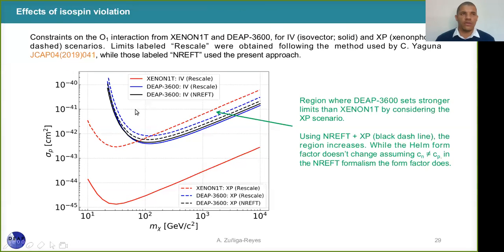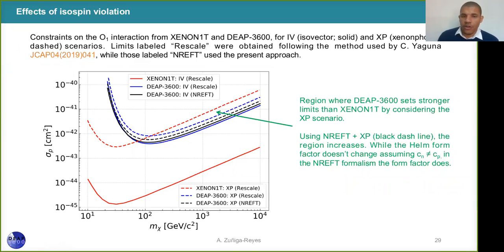This method uses the published result, then computes a factor with isospin violation and then produces these results. And those limits labeled NREFT use the effective field theory that I mentioned before.